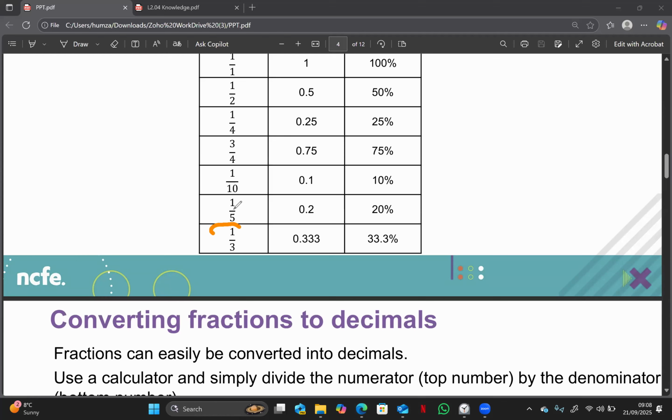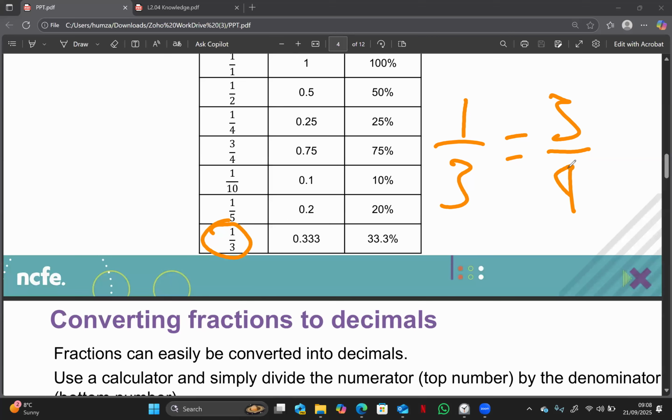So if you can see this, 1/3 equals... So 1/3 actually doesn't go into 100%.